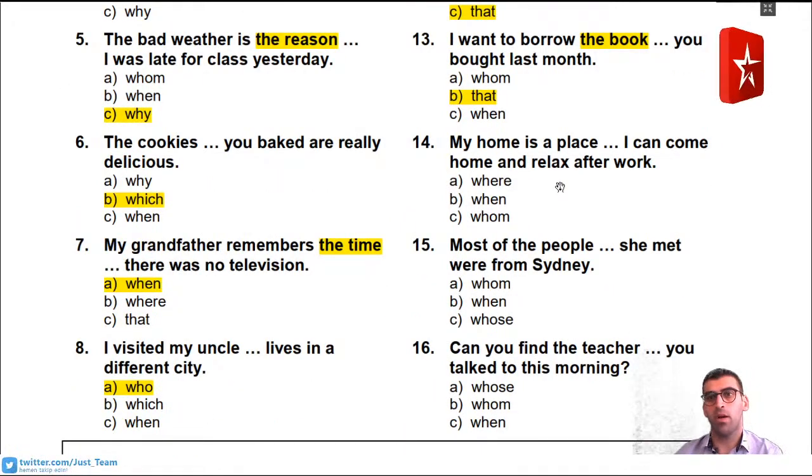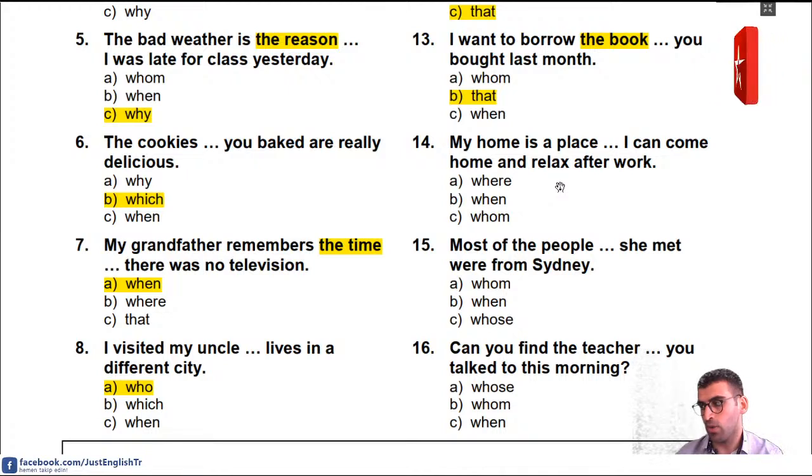Number 14, my home is a place. Okay, number 14. Let's continue with number 14. My home is a place I can come home and relax after work. Number 14, they say A. Ayhan, Ceyda, Slav, who else?